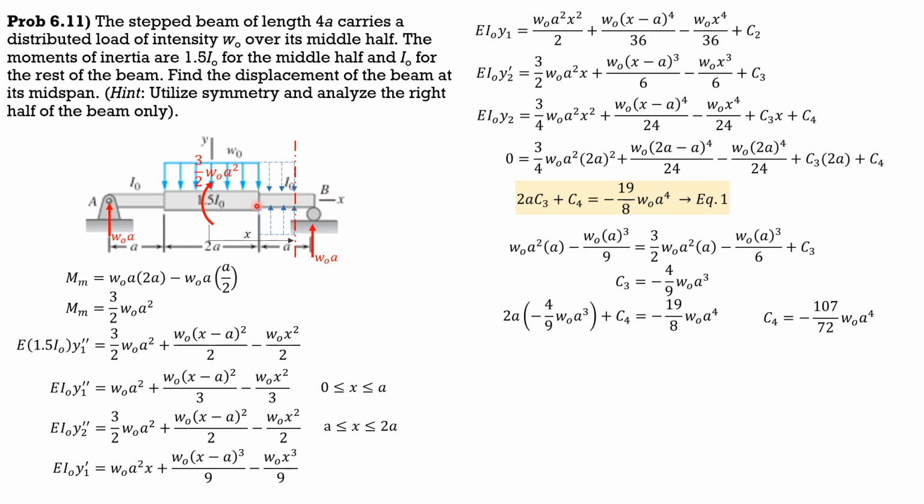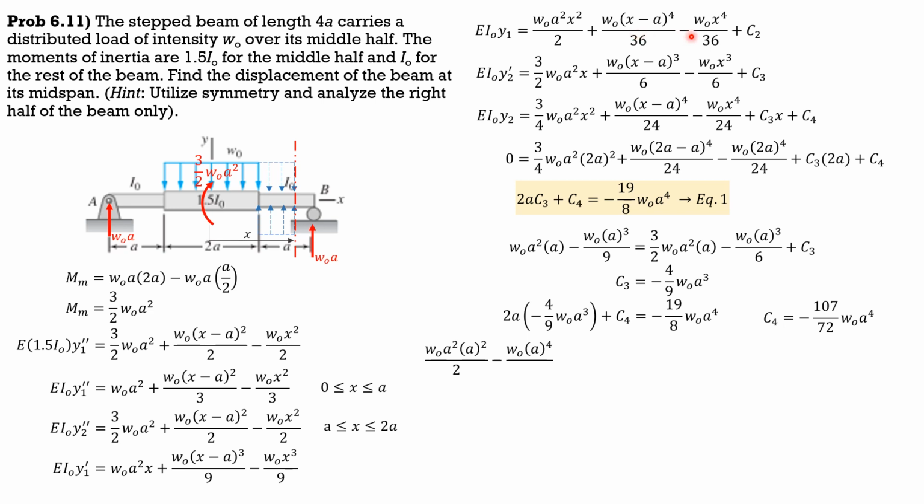Then EI y1 and EI y2 at this junction are the same. They are equal. So x is a, substitute here first. w0 a squared over 2, so this is 0.